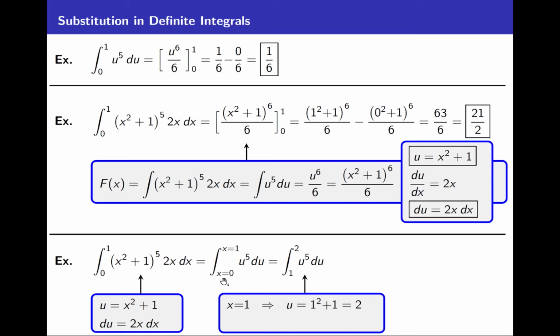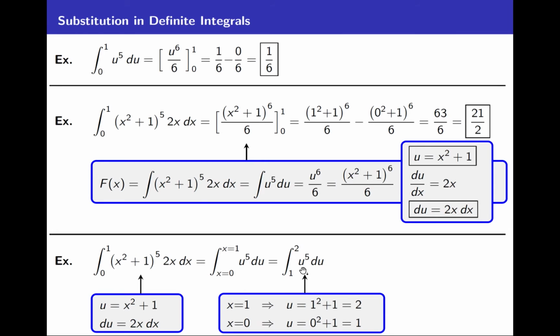Likewise, what happens when x is equal to 0 for this lower limit of integration? Well, if x is equal to 0, u, of course, is x squared plus 1, because that's the substitution we made. So u would be equal to 0 squared plus 1, and that's 1. So this x equals 0 gets converted to a 1.